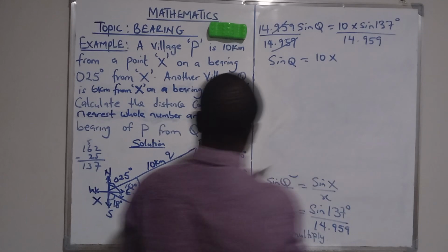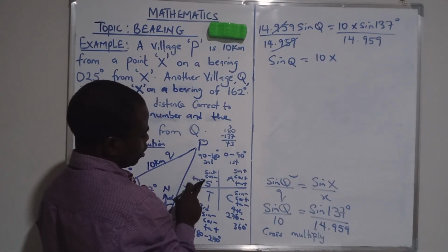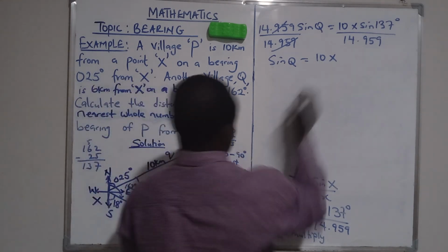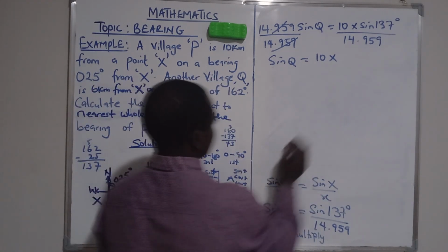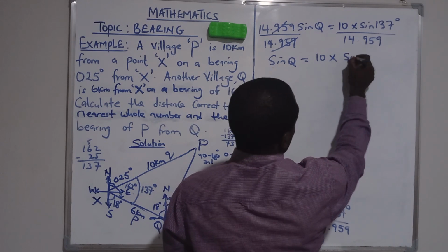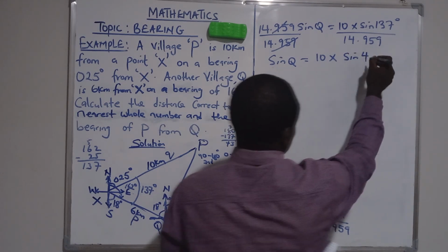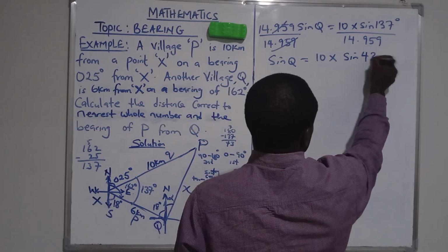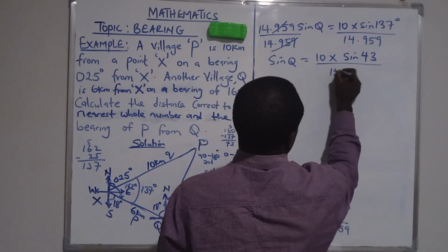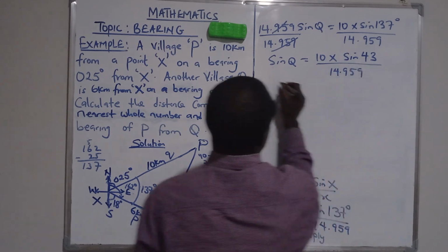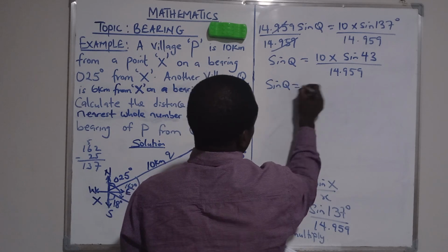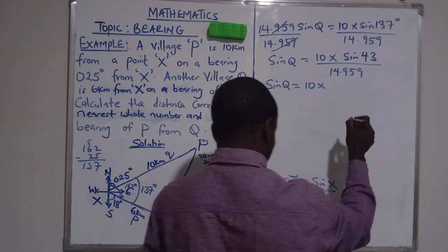It falls in the second quadrant, where sine is positive. It will be sine 43, divided by 14.959. Sine q equals 10 times sine 43.